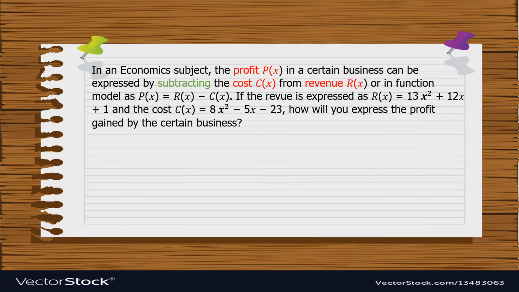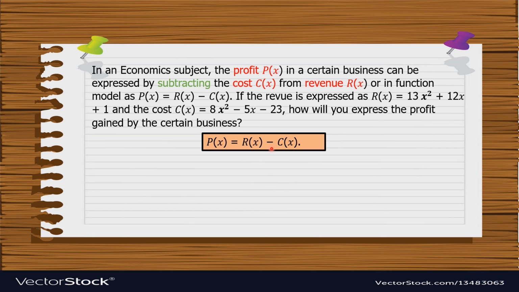Going back with this problem, we need to find the profit p of x by subtracting c of x from r of x. So since our c of x is represented by the function 8x squared minus 5x minus 23, and our r of x is represented by 13x squared plus 12x plus 1, and as you can see, our operation is subtraction.